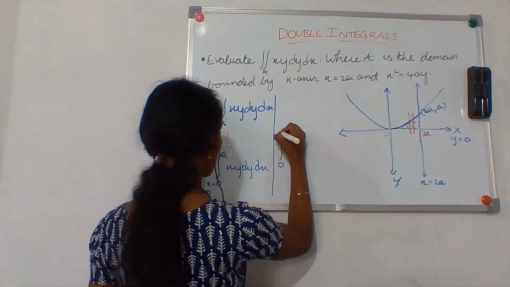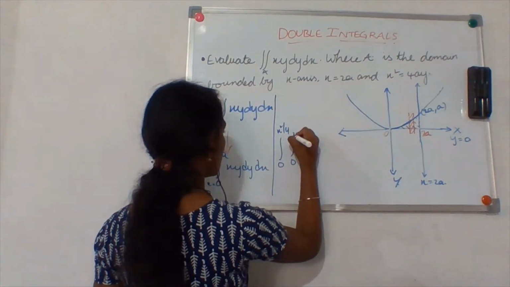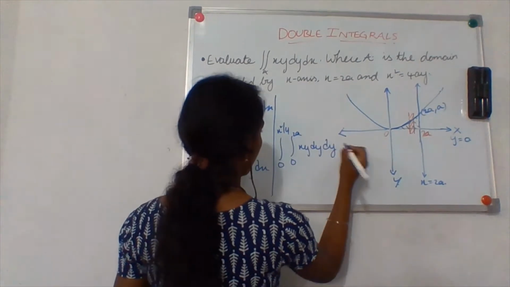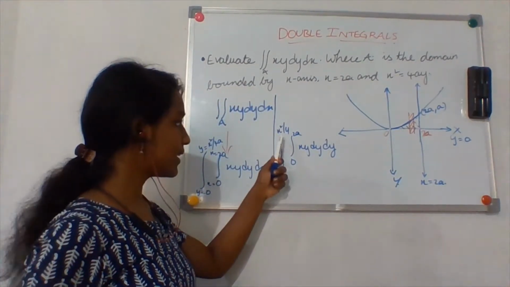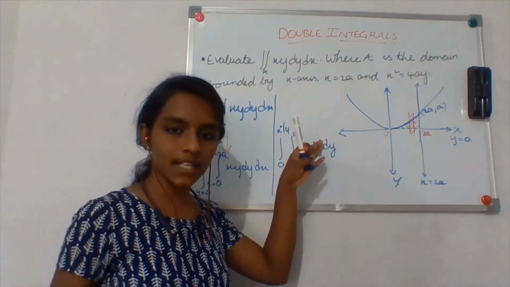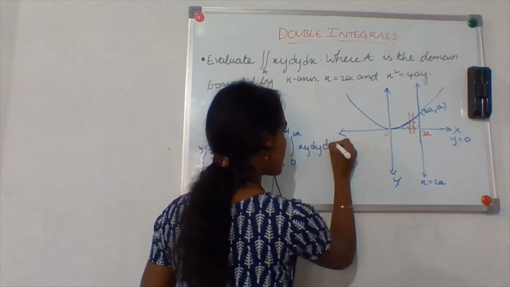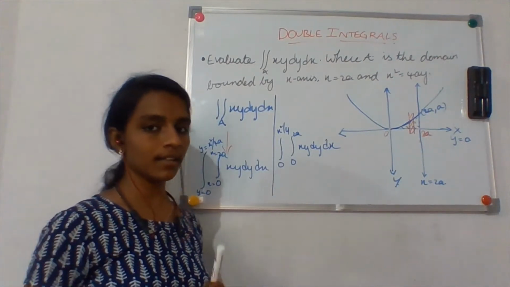We have y from 0 to x square by 4a and x from 0 to 2a, with dy dx, and here the variable limit is with respect to x. So first you have to integrate with respect to y, and then we evaluate it completely.